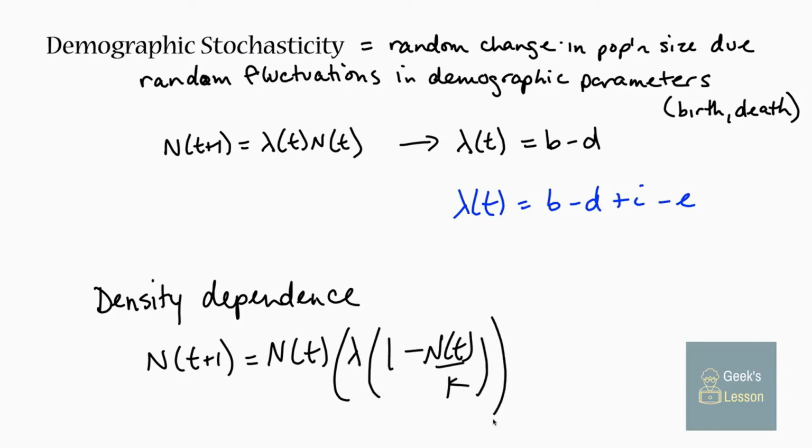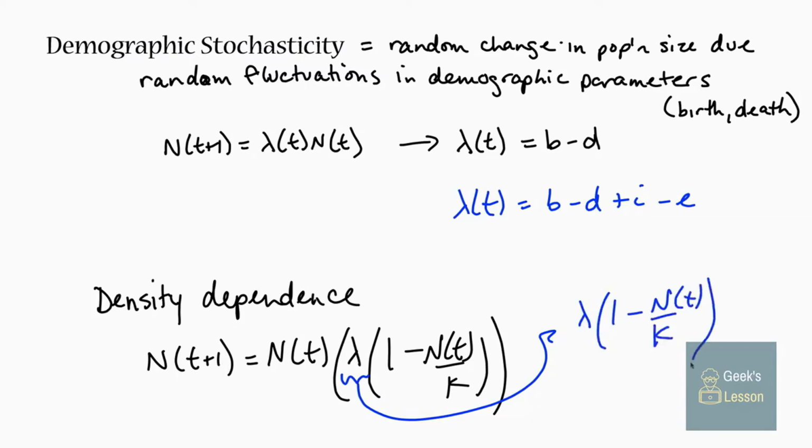So if you wanted to make a density dependent model stochastic, you just take your lambda again and draw it from some distribution where the mean of the distribution is this whole thing, lambda multiplied by some density dependence term. So every time step you actually change the distribution you're drawing from because of the n of t in it. But it's still just demographic stochasticity because it's a random change in our demographic parameter lambda.